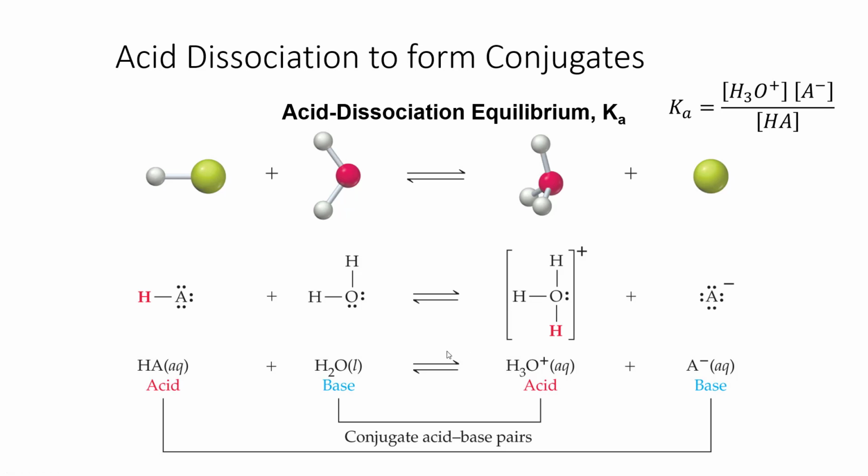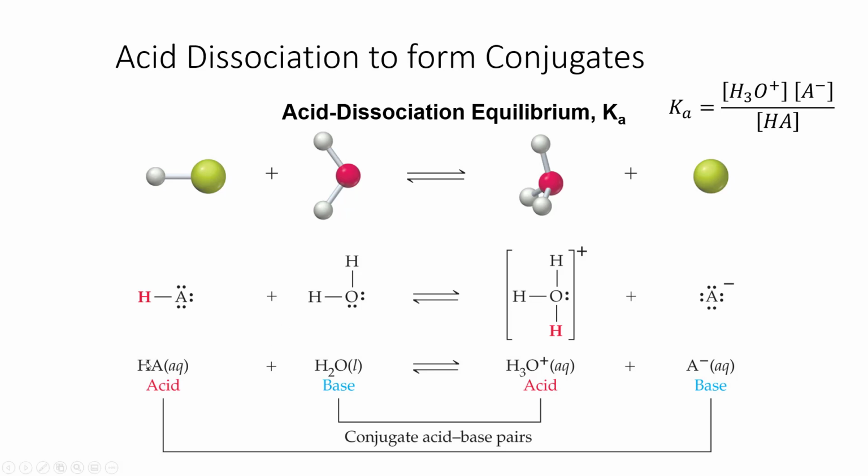So in order to discuss this dissociation of acids or bases, we bring in the acid dissociation equilibrium constant, K sub A. Okay, and so we can see here that this is basically the same sort of idea as Kc that we talked about previously.